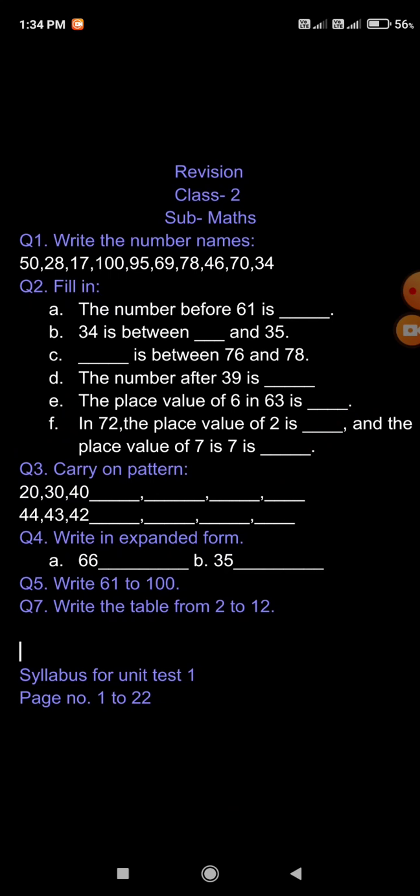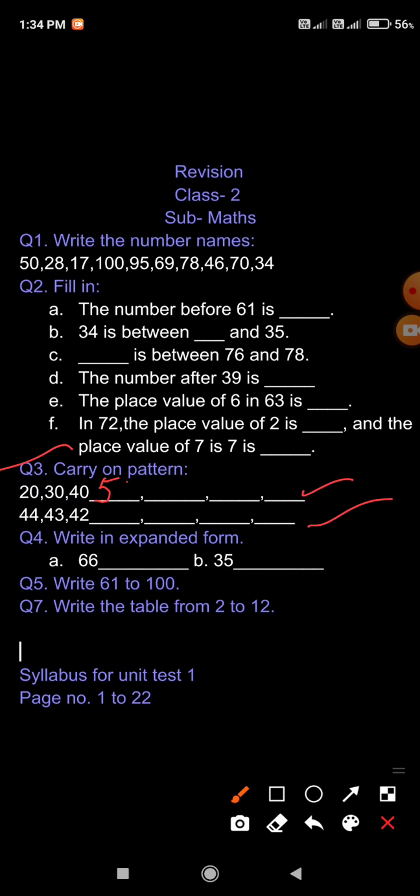Now come to question number 3, carry on pattern. Here you have to complete the series. First one you can see 20, then 30, then 40 is given, means multiple of 10 are here. After 40 you will write here 50, 60, 70, 80.